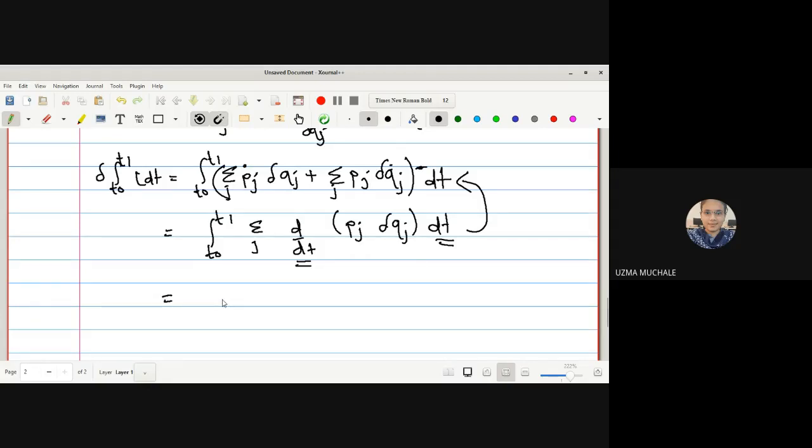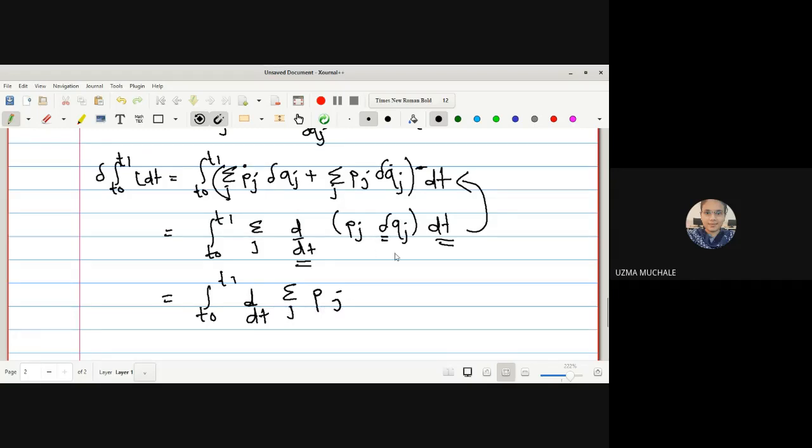first we will evaluate this: t naught to t1, d by dt of summation over j Pj.